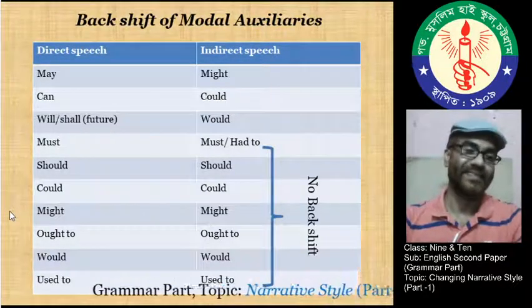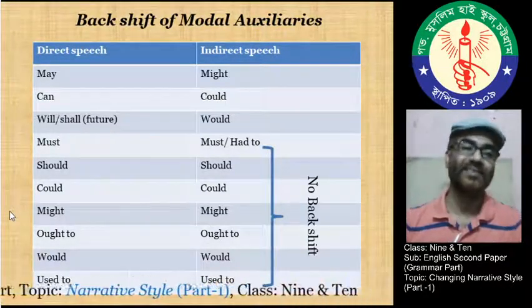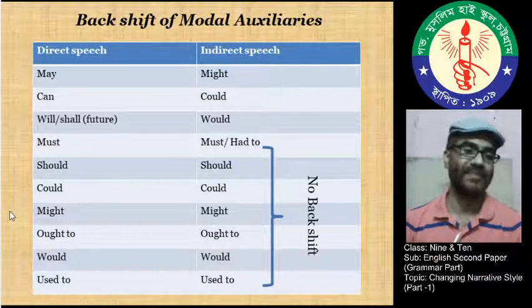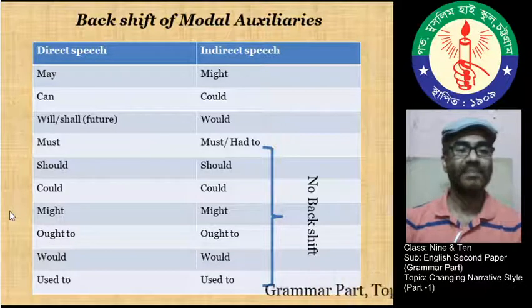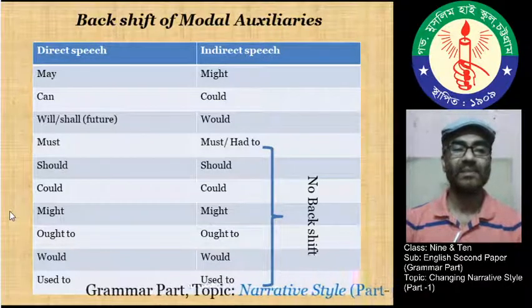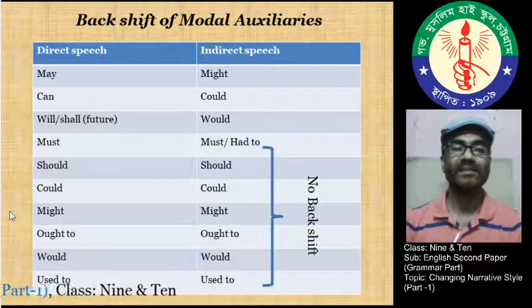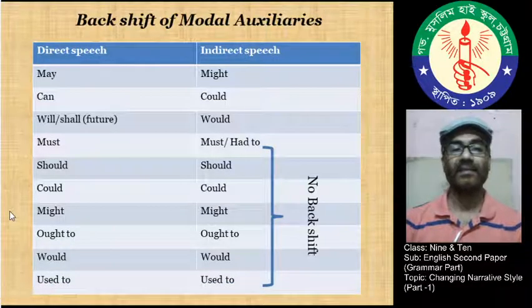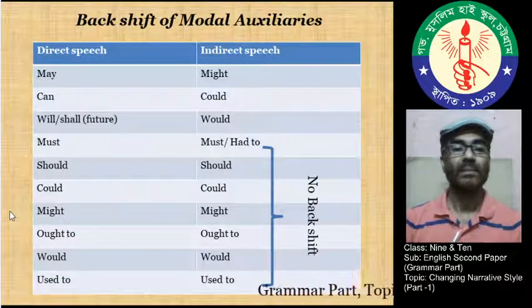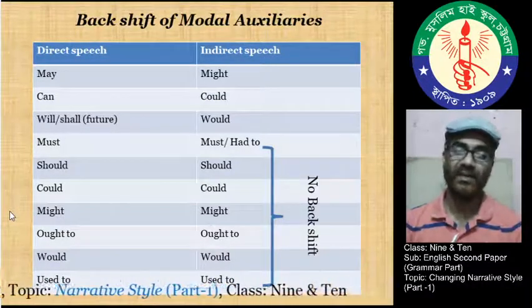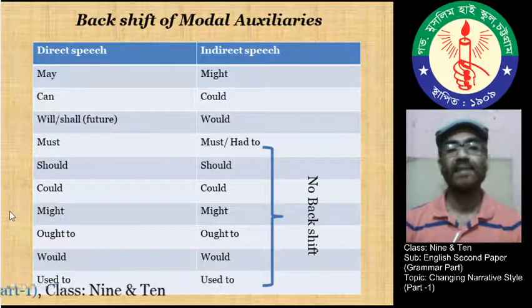Backshift of modal auxiliaries. Modal auxiliaries are also changed. You see direct speech and indirect speech. May changes to might. Can is changed to could. Will or shall, when these are future, are changed to would. Must sometimes remains must, or most often is changed to had to.